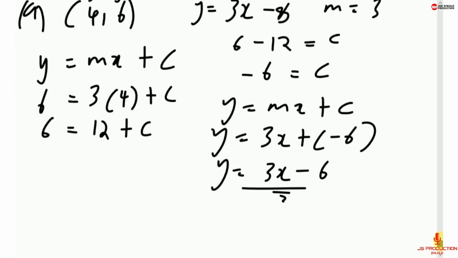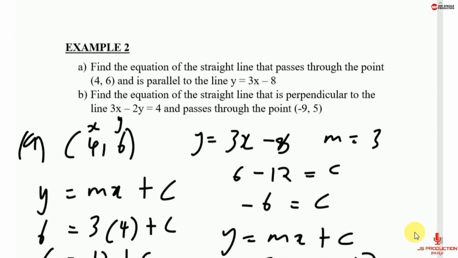What about B? So B, we've been told find the equation of the straight line that is perpendicular to the line 3x minus 2y is equal to 4, and passes through the point negative 9, 5.